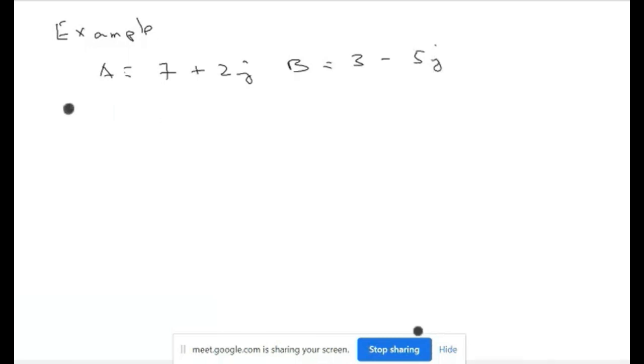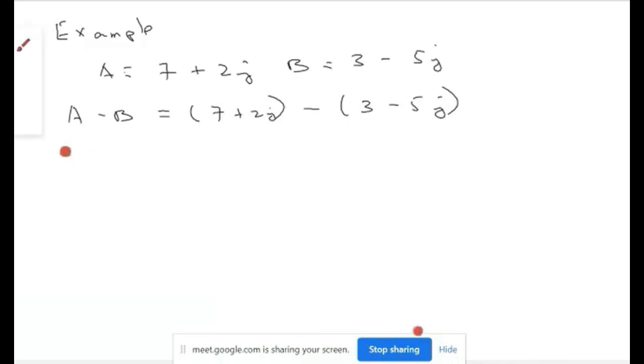So if you're going to subtract A minus B, then you write first the complex numbers. A is 7 plus 2j minus B, which is 3 minus 5j.